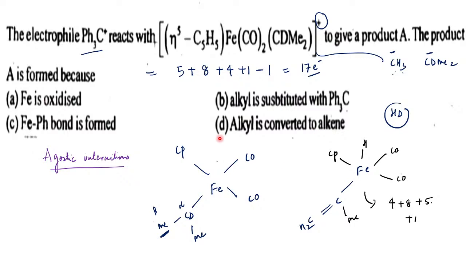Just the main point is that you have beta hydrogens. If you have beta hydrogen, the system would be unstable, so this alkyl is converted to alkene. There is no need to understand this transformation because the reaction mechanism is not in your syllabus, but you have to understand these terminologies: this is your agostic interaction, and due to agostic interactions the alkyl is converted to alkene. Is it clear to all of you? Any doubts?